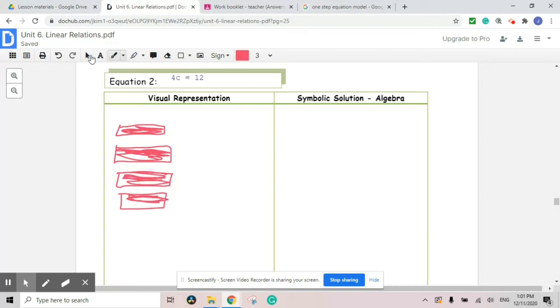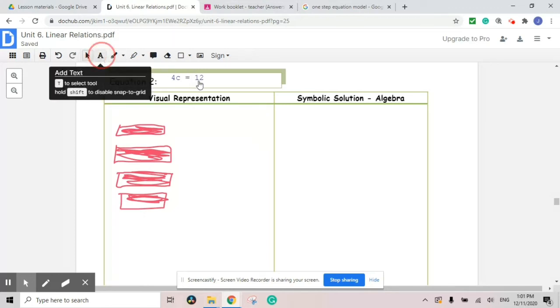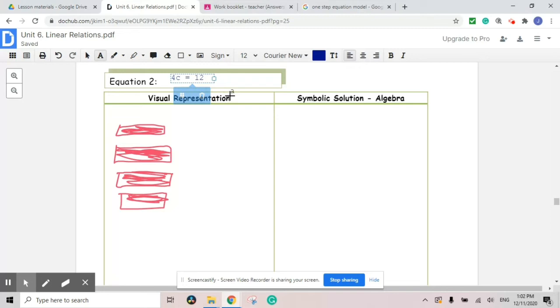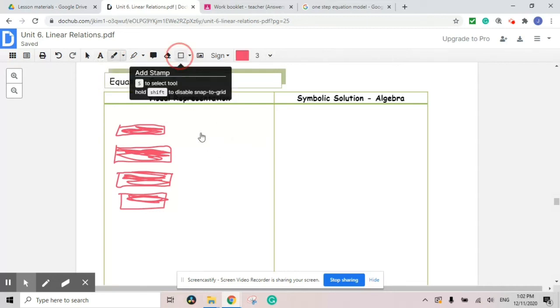Actually, let's make it a little bit more tricky. Can you put -12? There you go. It's not very different, but it's a good idea to represent it.